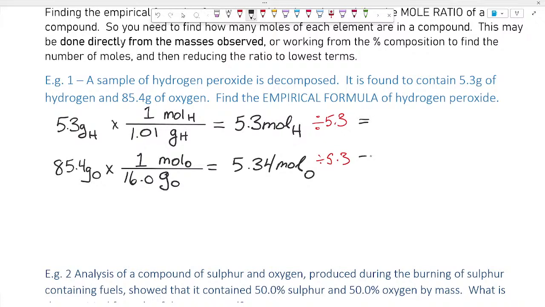And we're going to get 1.0 moles of hydrogen and 1.0 moles of oxygen. And that means that the empirical formula of hydrogen peroxide is H1O1, or we would just write it as HO.